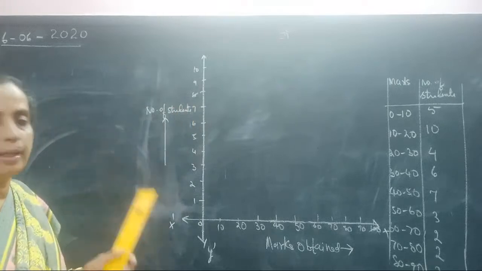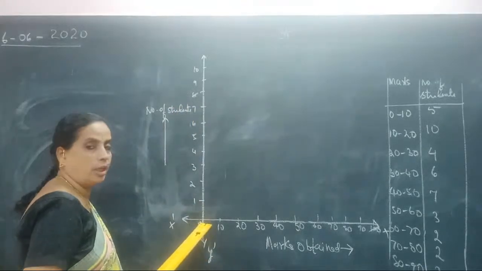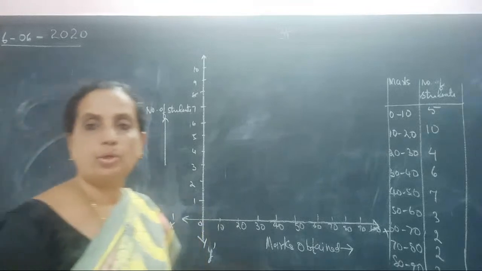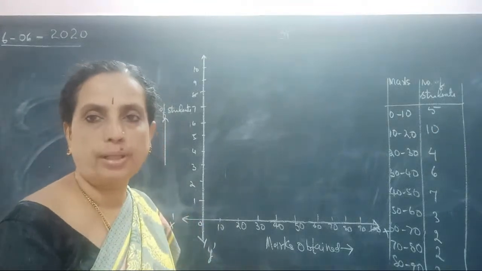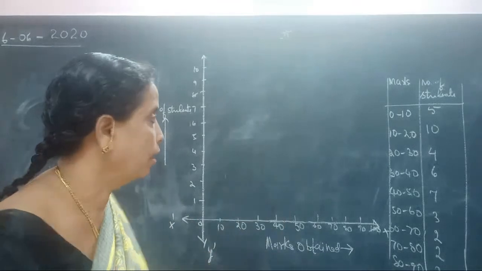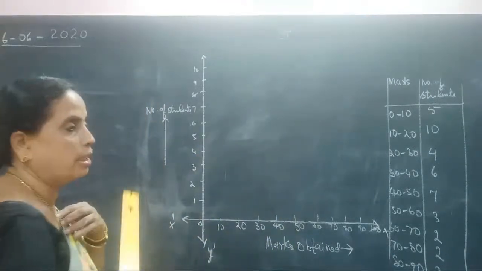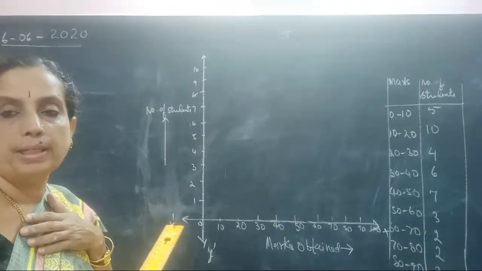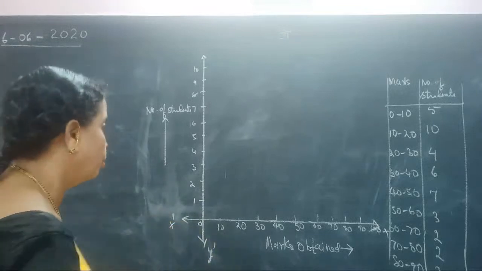And here it is from 0 only. No question of marking the kink showing the break. There is no break here. We have to do its frequency polygon also on the same graph.